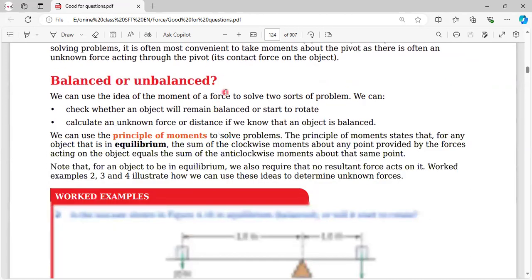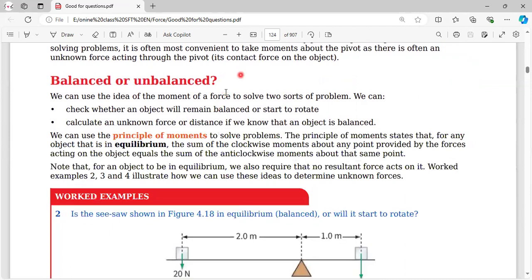Now, the most important point of learning the moments is that for any rigid object, you can find out whether it is balanced or unbalanced. You can determine whether any rigid system is balanced or unbalanced.